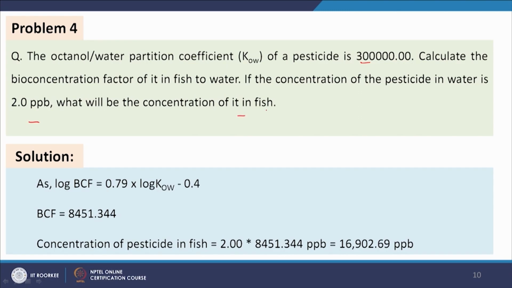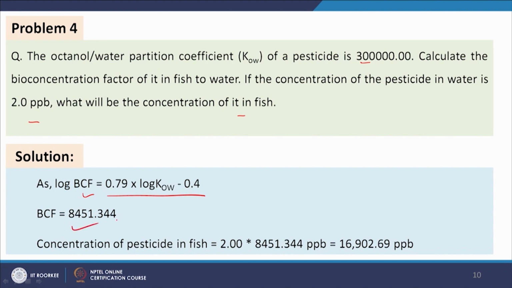So, again similar to the problem we discussed just a few minutes ago. Here log bioconcentration factor is equal to the empirical formula we will be using, 0.79 into log Kow minus 0.4. So, BCF is equal to 0.79 into log of 3 lakhs minus 0.4, that is equal to 8451.344.